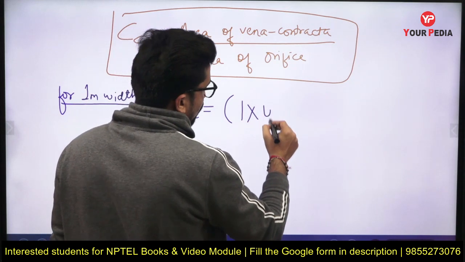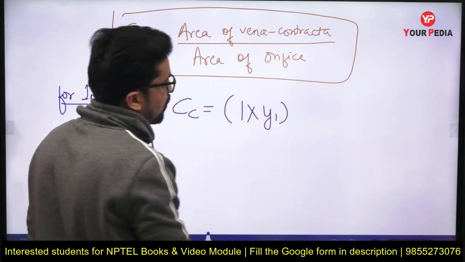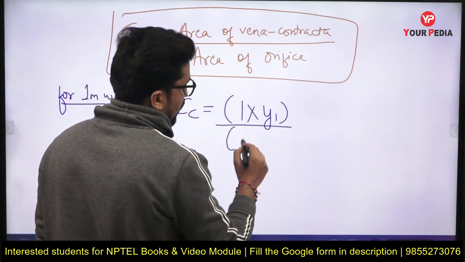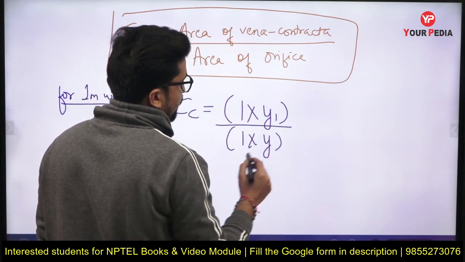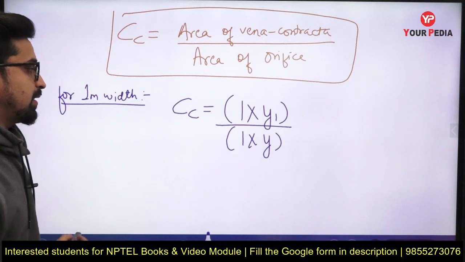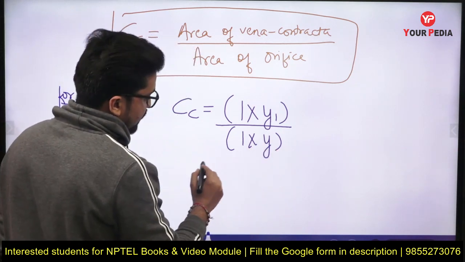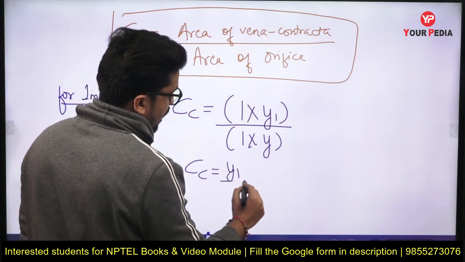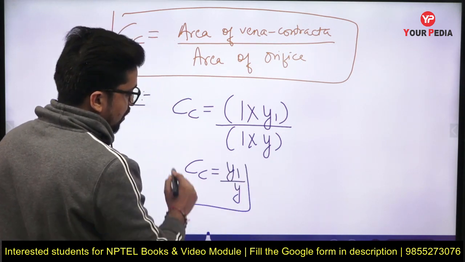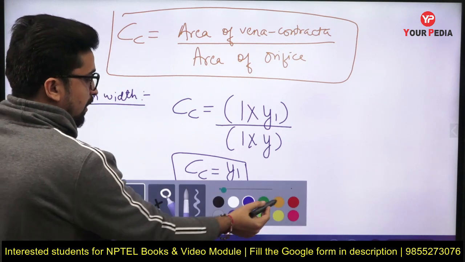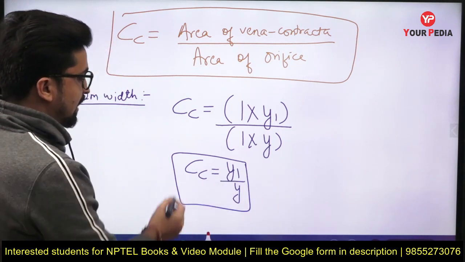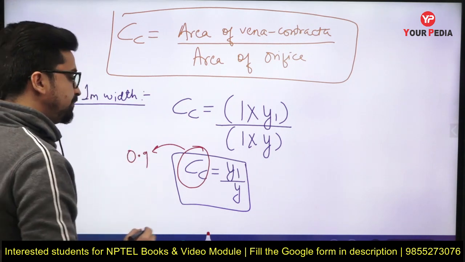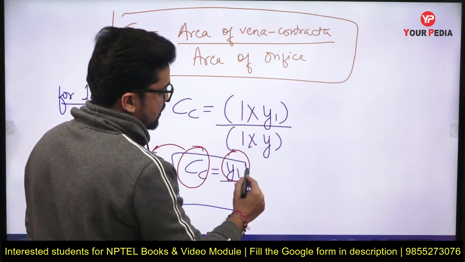So B into y1 is the area of vena contracta and 1 into y is the area of orifice. From this we can see that the Cc value is equal to y1 upon y.